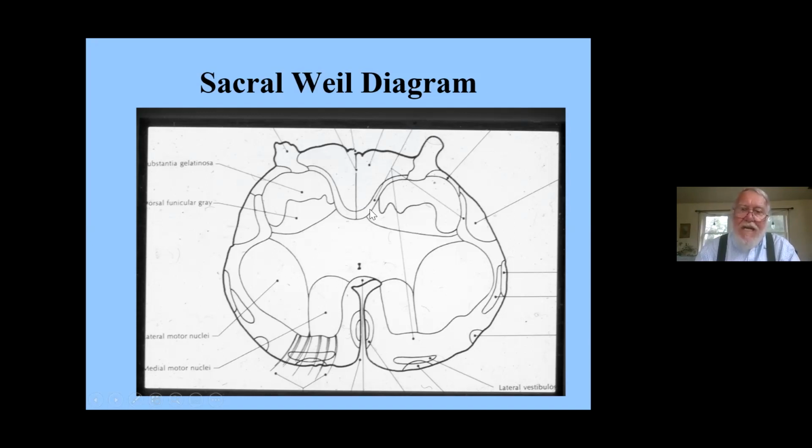And what you can see in the dorsal horn is we have a rather large substantia gelatinosa, and then we have the proper sensory nuclei, and then we have the central canal, the intermediate zone, the central horns, and then we have the anterior median septum.